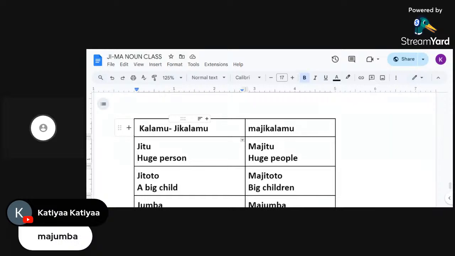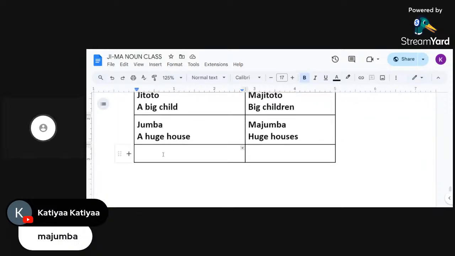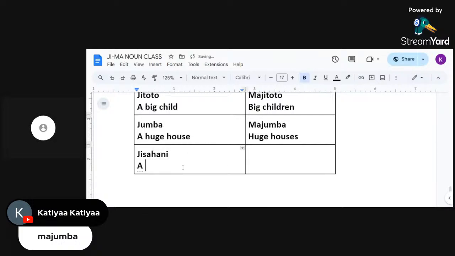If the plate is big, sahani. Sahani, a big plate. Jisahani. Jisahani means a big plate. Now, how do you say many big plates?